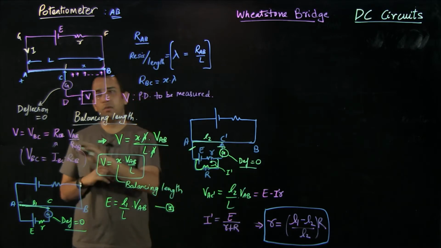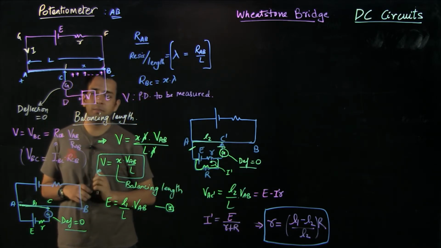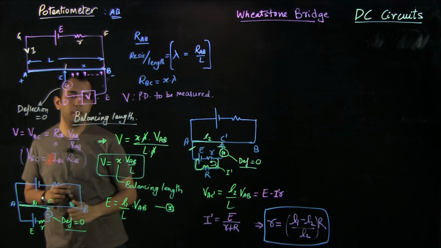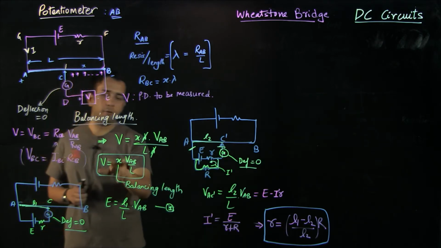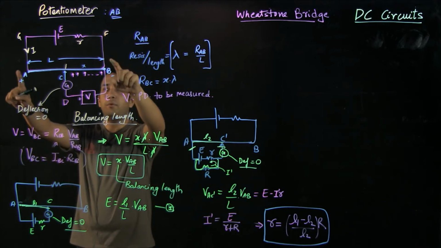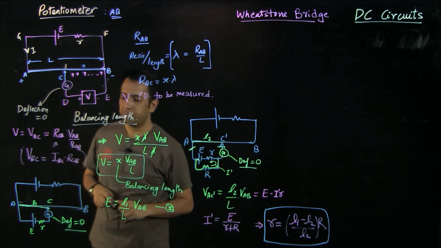At that point, there is no current flowing in the branch C, D, E, B, only a potential difference is present, and we know that the unknown potential difference will be equal to the potential difference across CB, and we are able to equate them and find out the unknown potential difference in terms of the potential difference which we have provided across the potentiometer and the balancing length.